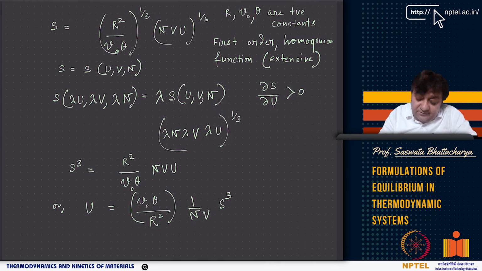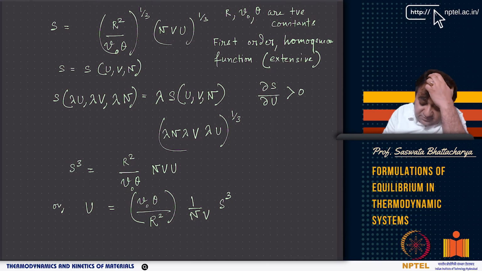And this example we are talking about is some sort of a relation between S, N, V and U, right? Basically S as a function of U, V, N. So this is one relation where r square by v0 theta are positive constants, right? Now we will try to see whether S remains a first order homogeneous function, or an extensive function. So how do we check that?